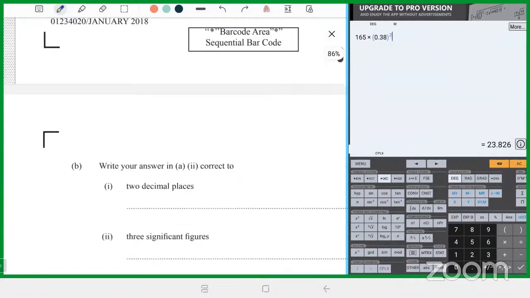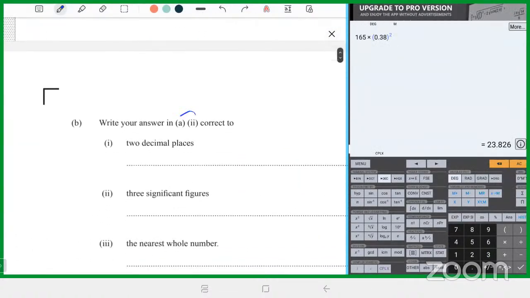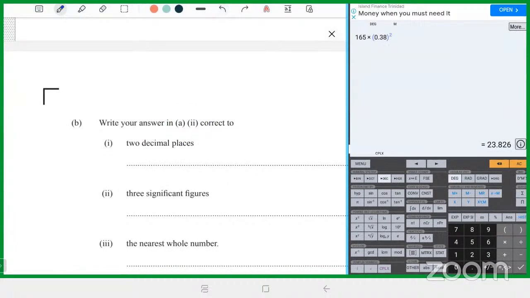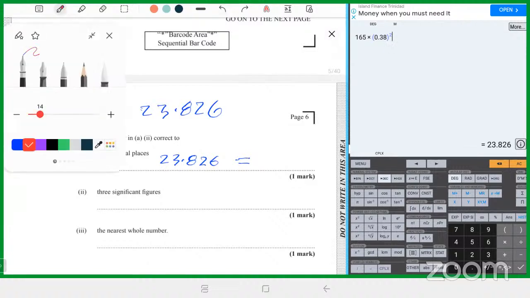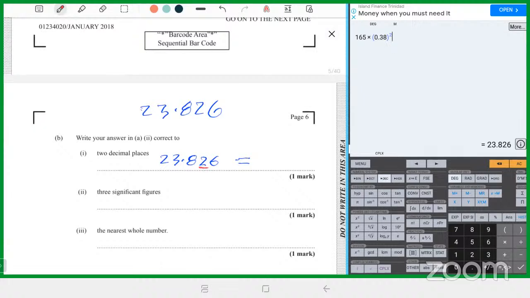Then we come to this part, which is the answer that we got in part 2, 23.826. We have to write that correct to 2 decimal places. Let me write it again here, just to show the working. The second decimal place that we are correcting is this 2.